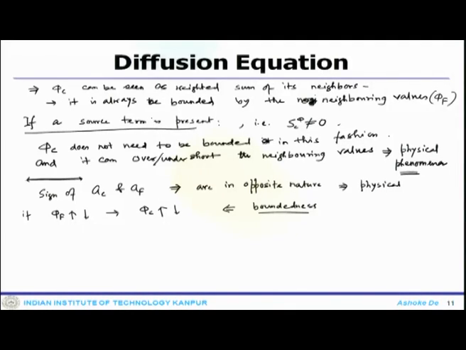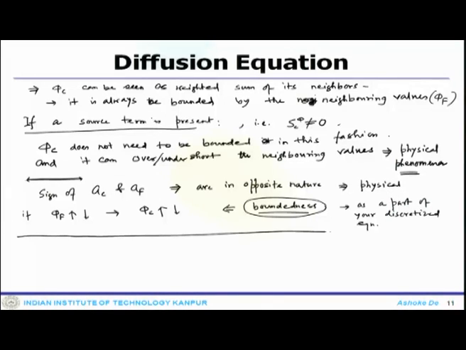So, one can think that this particular property comes inherently as a part of your discretized equation. One need not forcefully enforce these particular properties. Okay. So, these are some important things.